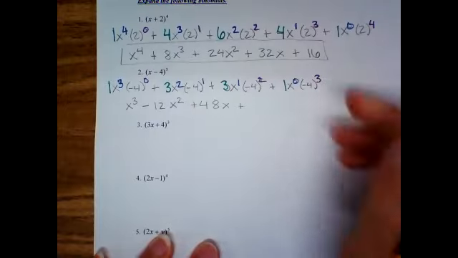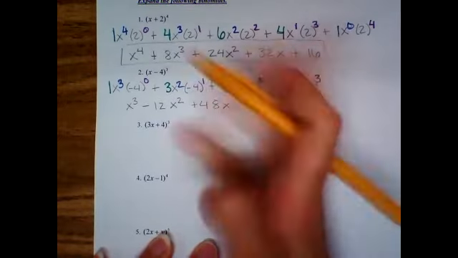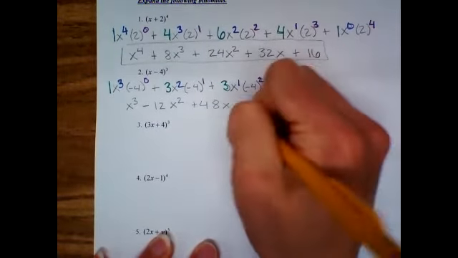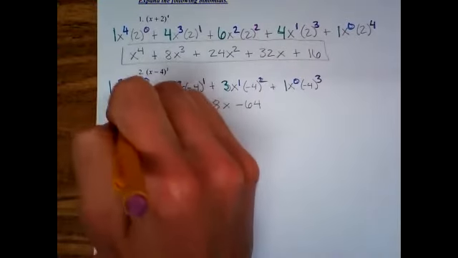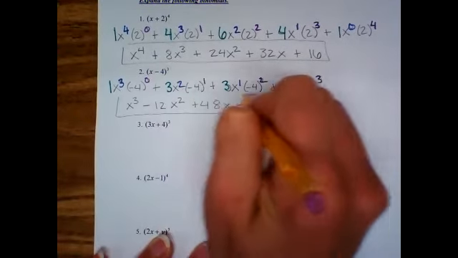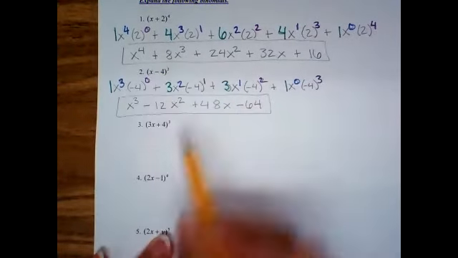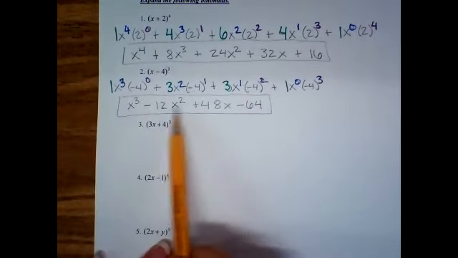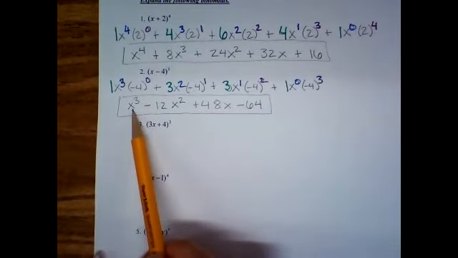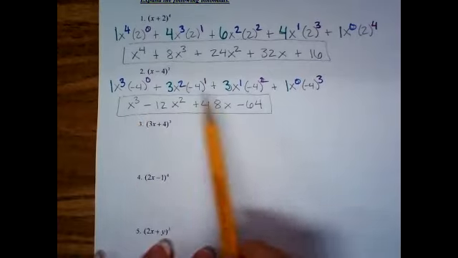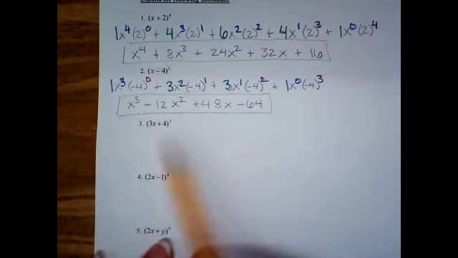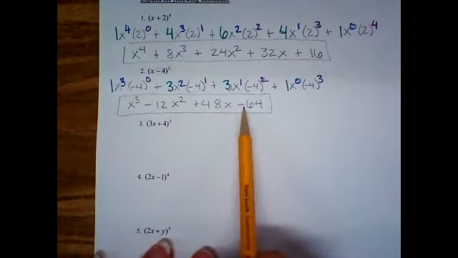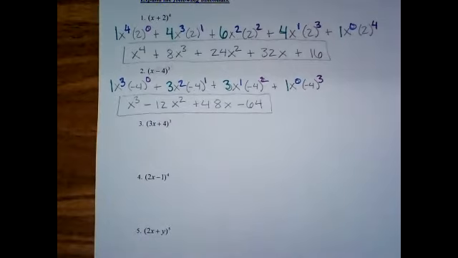And then lastly, -4 cubed would be -64. So minus 64. So what do you notice about the signs of the terms for that? Yeah, whenever you have a subtraction, they're going to alternate positive, negative, positive, negative. So that's another way that you can check.